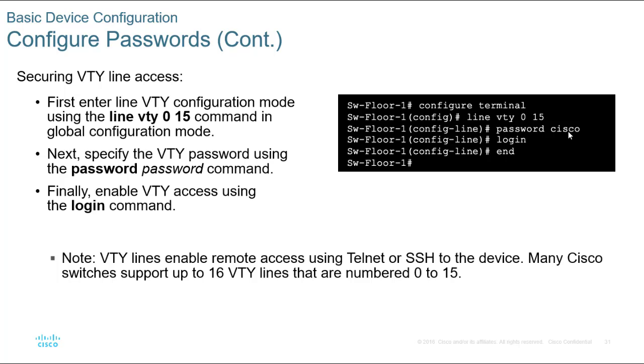So we're going to use the same password for simplicity, password space Cisco. And like the console, in order for that to be successful, we have to also accompany that with the login command. So password and login, remember, those are going to go hand in hand on those in-band and out-of-band connection configurations. And then end to go back to the privileged exec mode.